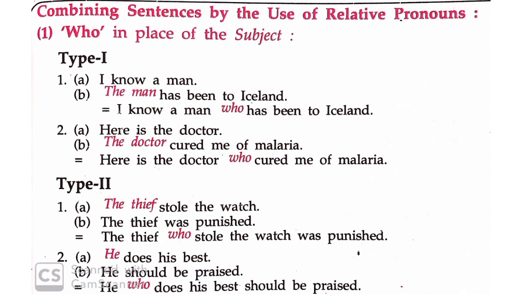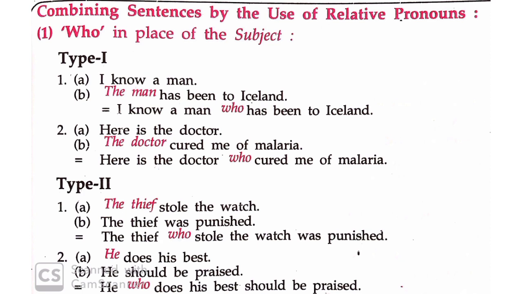This is how we use who when combining sentences. Coming to the second example: here is the doctor. The doctor cured me of malaria. Here is the doctor stays as it is from the first sentence, and in the second sentence the main subject, the doctor, is replaced with who, and cured me of malaria stays as it is. So the final sentence will be: here is the doctor who cured me of malaria.